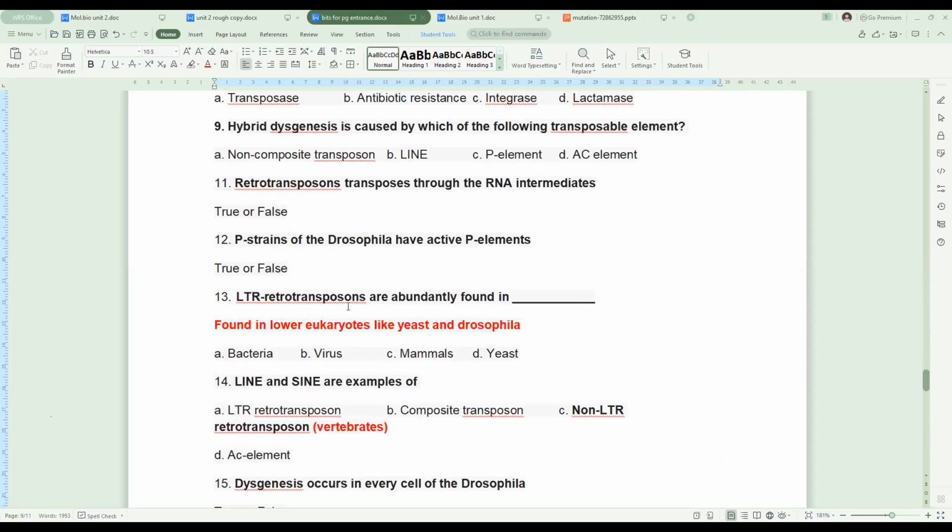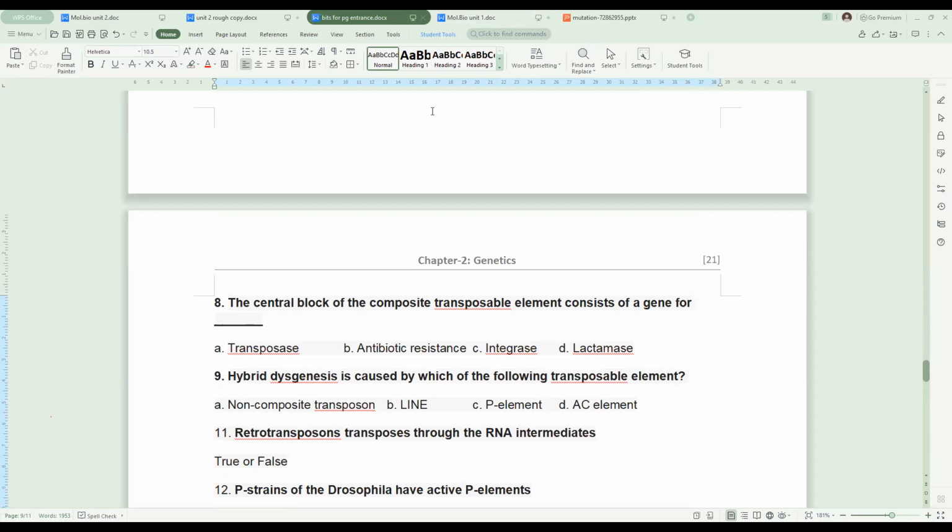So with this we have completed the bits for transposons. Next we are moving on to mutation.